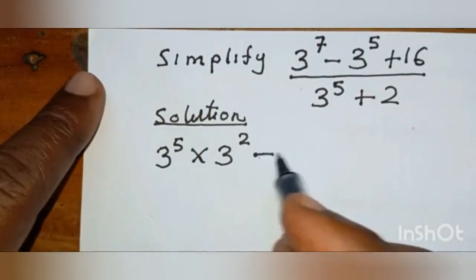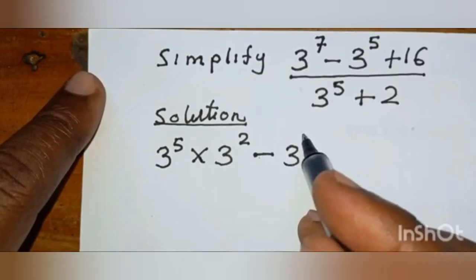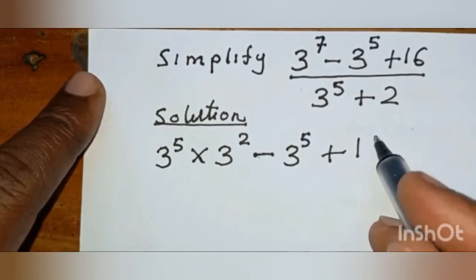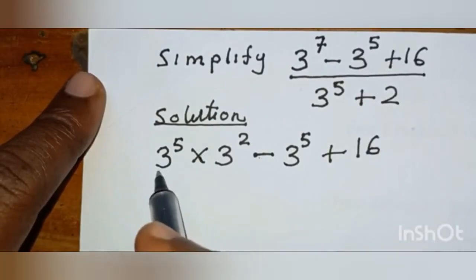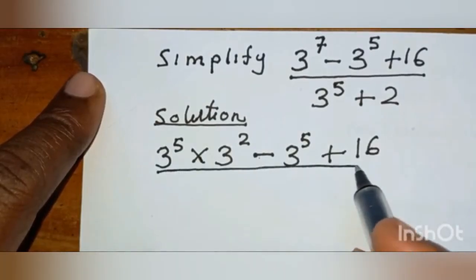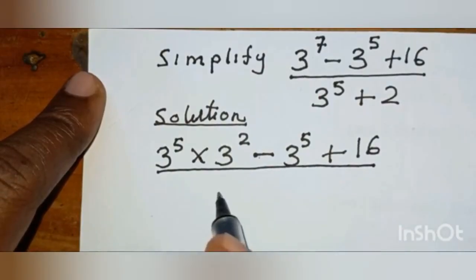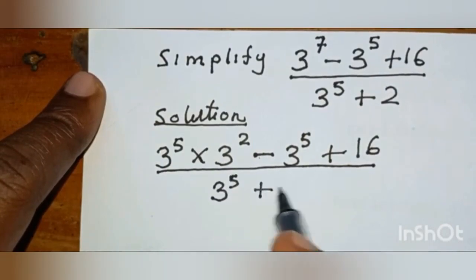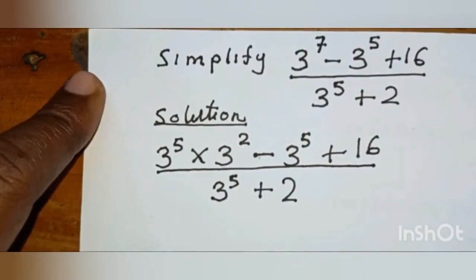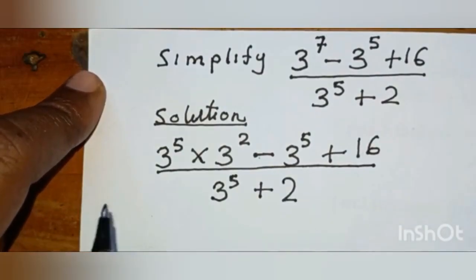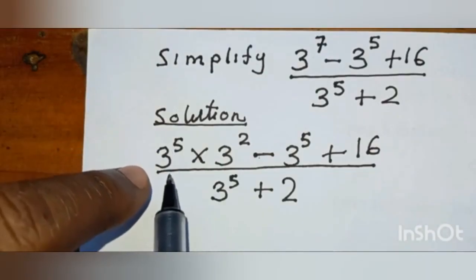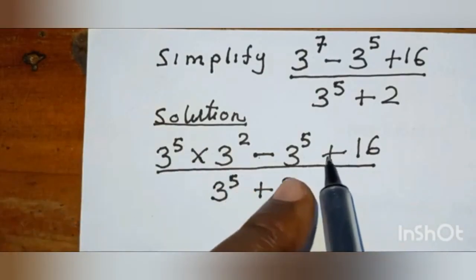Minus 3 power 5 plus 16 over 3 power 5 plus 2. Here we are going to factor out 3 power 5 because 3 power 5 appears here and again appears here.